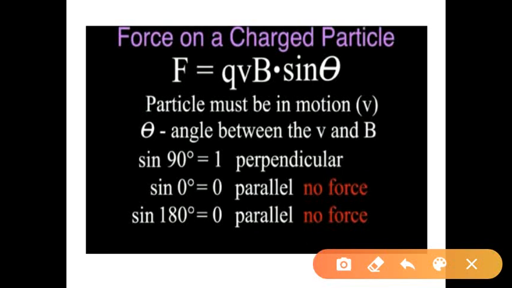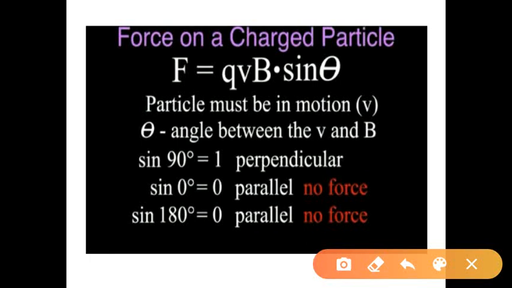That is, the charged particle will experience maximum force, because sin theta is having maximum value of 1. The maximum value of magnetic force will be QVB, and it is when the charged particle is moving perpendicular to the magnetic field, when theta is equal to 90 degree.